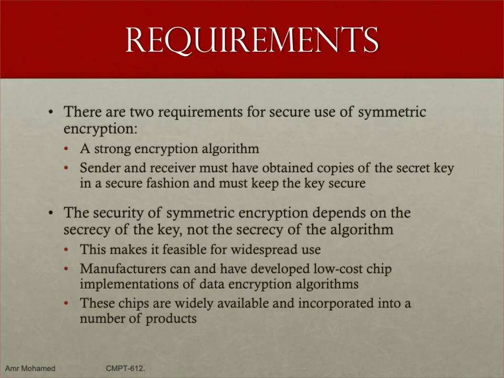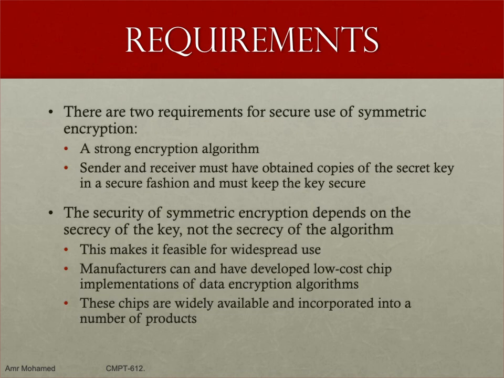Okay. So there are two requirements for these encryption or encipherment techniques. A strong encryption algorithm, and here strong is a fluffy word. How strong? How can we guarantee that this encryption algorithm is actually strong?